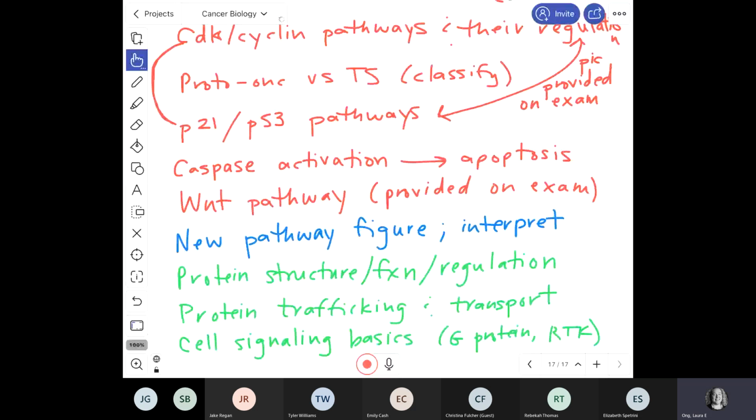Whatever date is actually listed in the schedule. There it is. Okay, so it's Monday, December 7th at 1 p.m. Eastern time. Monday, December 7th at 1 p.m., the exam will open up on Canvas.